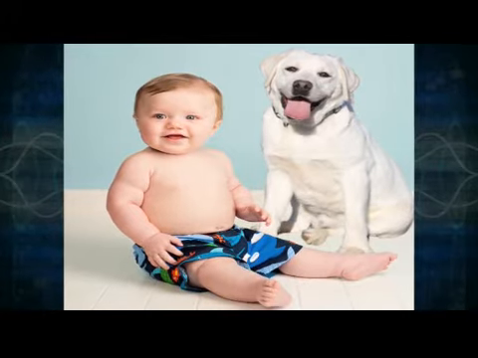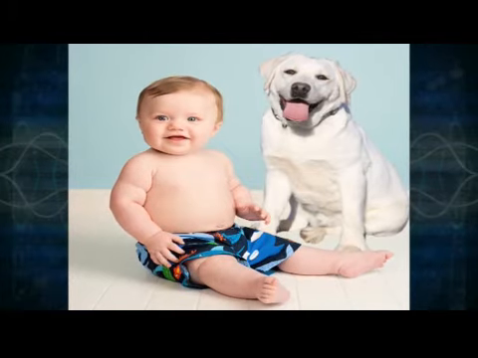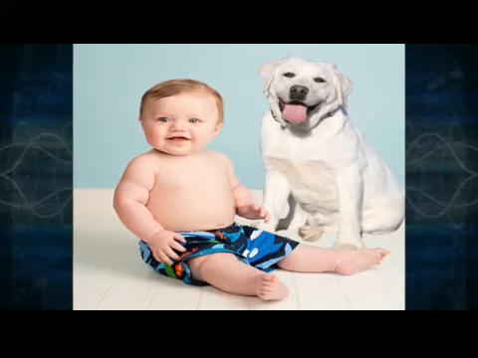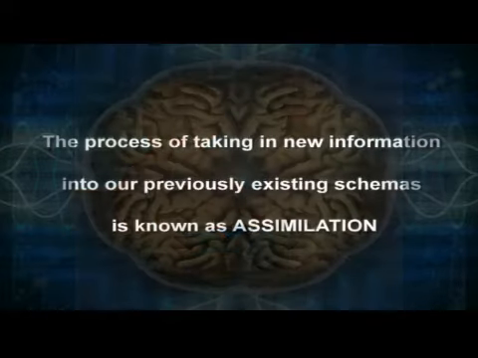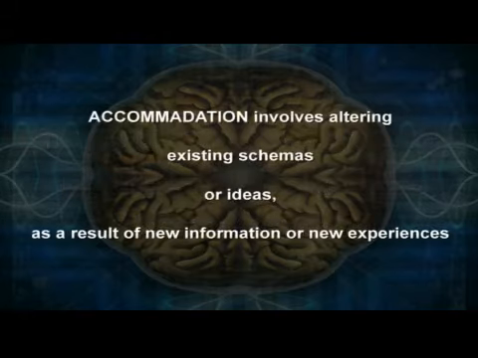In case the child encounters a very large dog, the child takes in this new information and modifies the previously existing schema to include it. The process of taking in new information into our previously existing schemas is known as assimilation. Accommodation happens when the existing schema or knowledge does not work and needs to be changed to deal with a new object or situation.